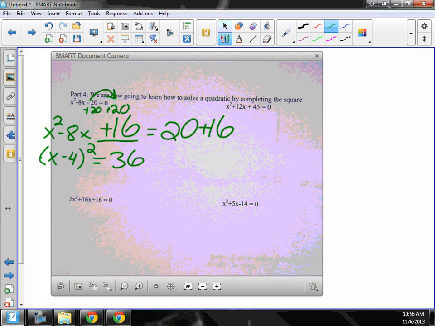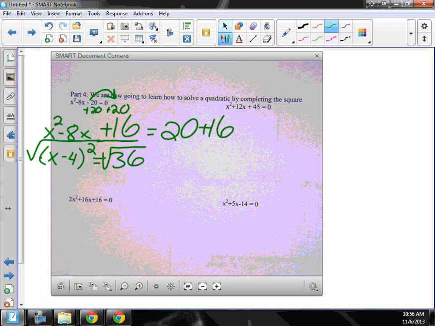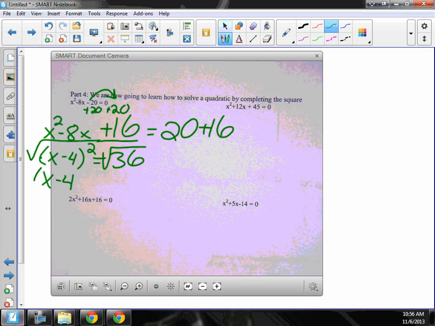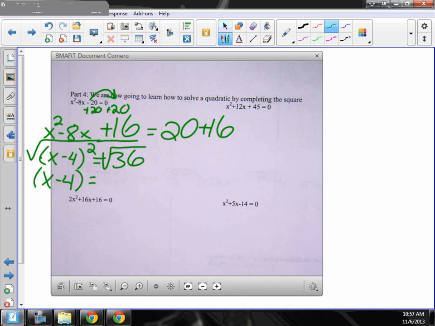Now I can find the roots by taking the square root. So square root this and square root that, and I get x minus 4 equals what? 6 is not totally correct.